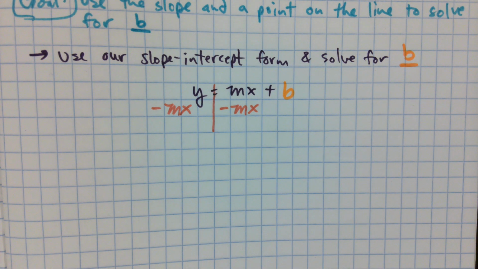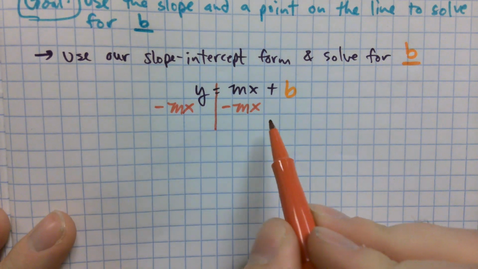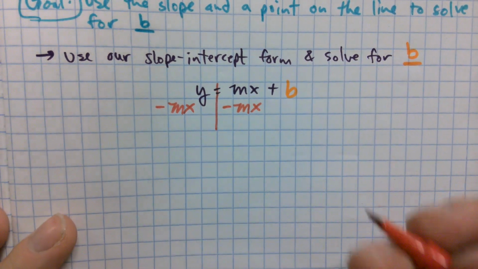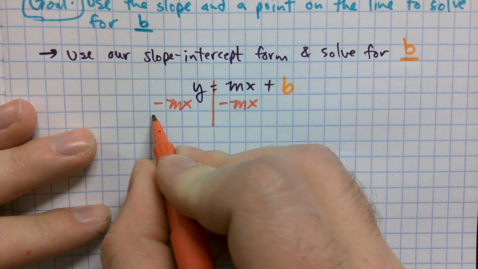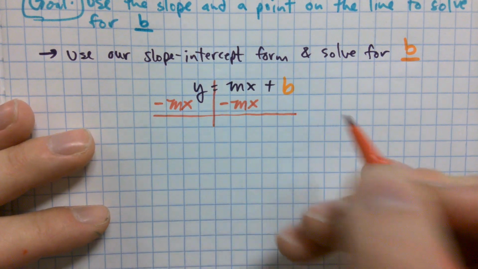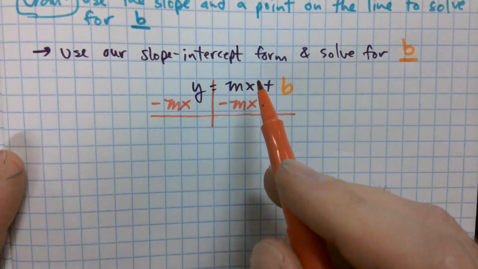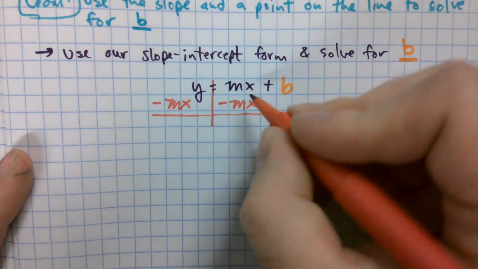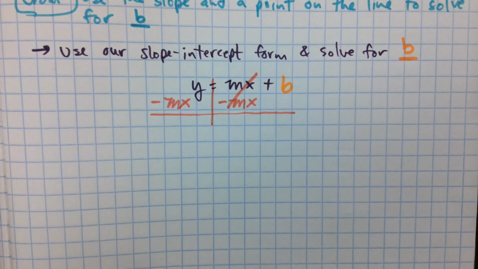We can think of equations like a scale, right? If we subtract something from one side, but we don't subtract it from the other side, our scale gets out of balance, right? So if we subtract mx from the right, we also have to do so on the left. And what happens is mx minus mx is just 0, so we can cross those out.